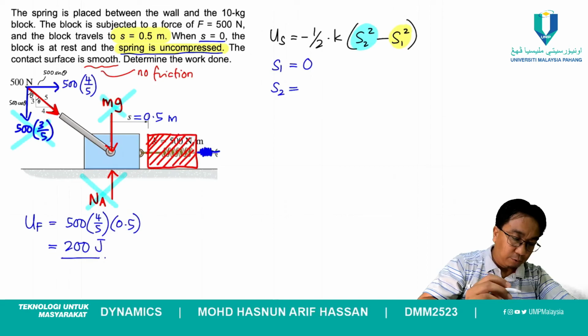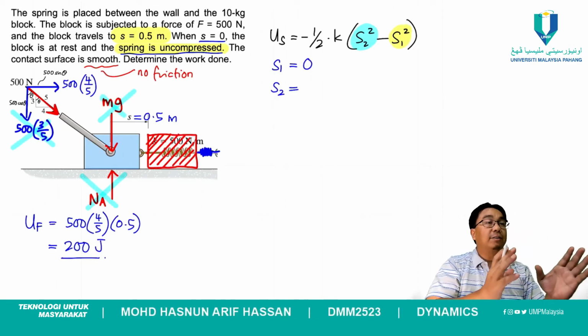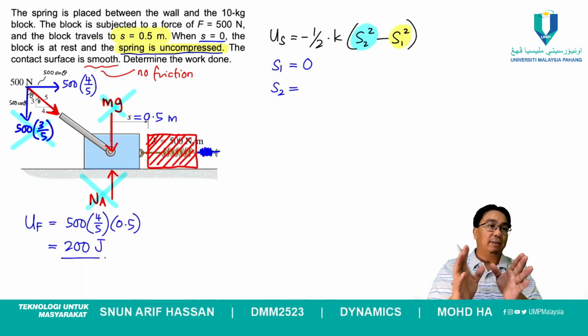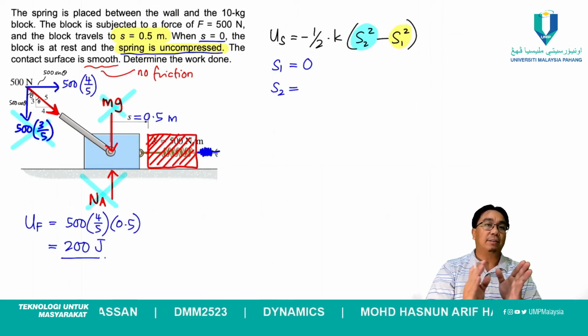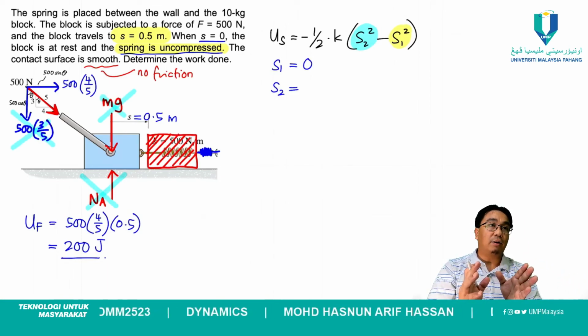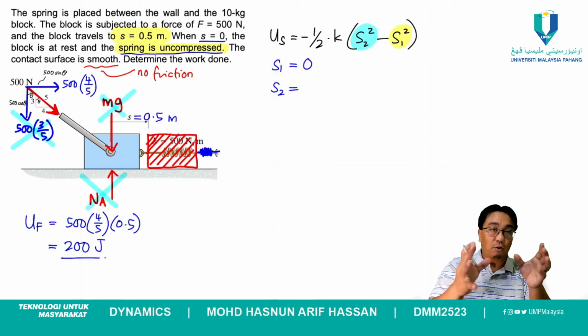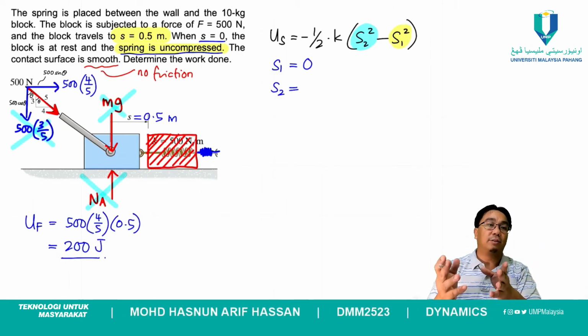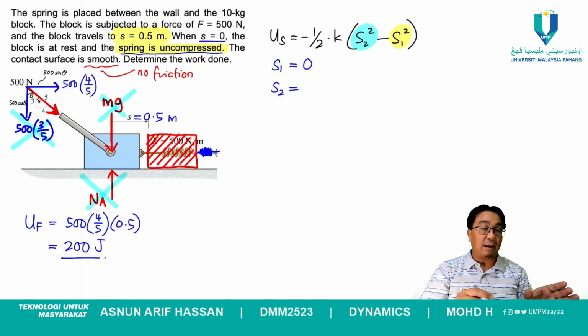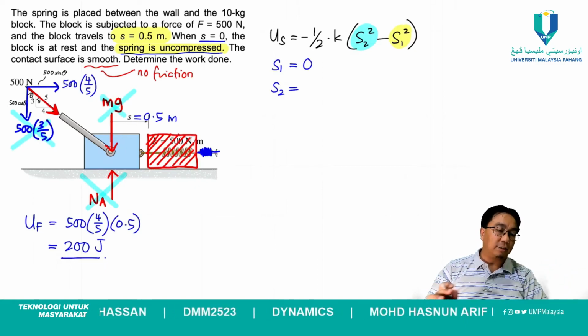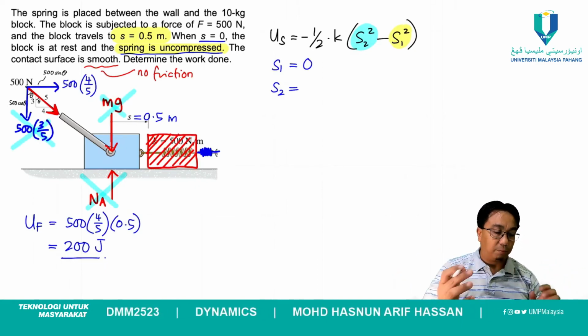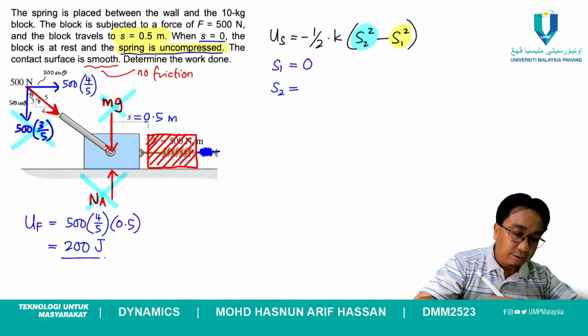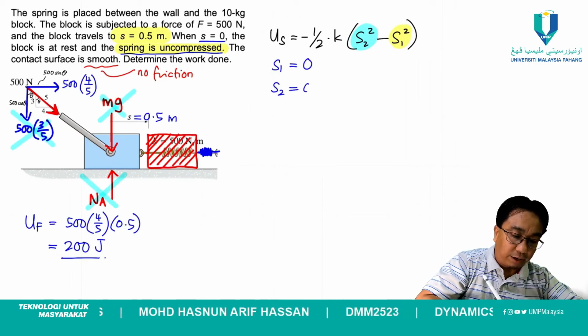So you are correct, because the box is travelling 0.5 to the right, which means that it will compress the spring by 0.5 also. Meaning the compression length is also 0.5 because it is equal to the distance travelled by the block to the right. So S2 is basically 0.5 in this case.